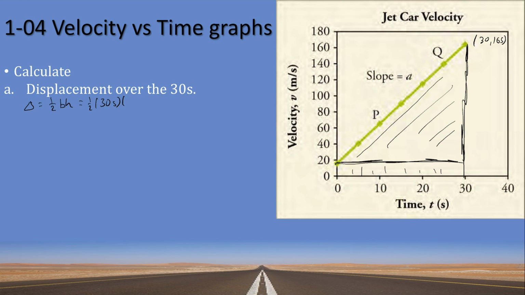And this point here, let's say, is about 0, 15. So my height would be 165 meters per second minus 15 meters per second, which should give us half of 30 times 150, which is 2,250 meters.